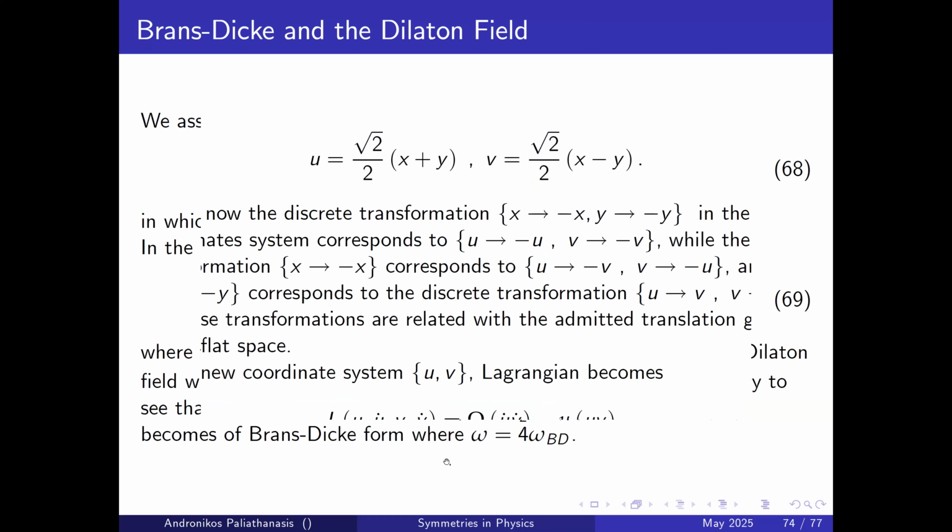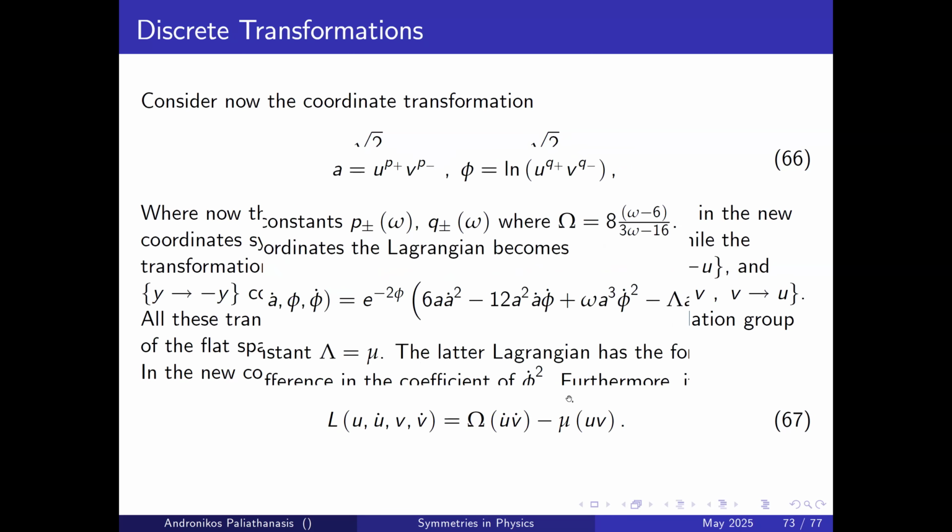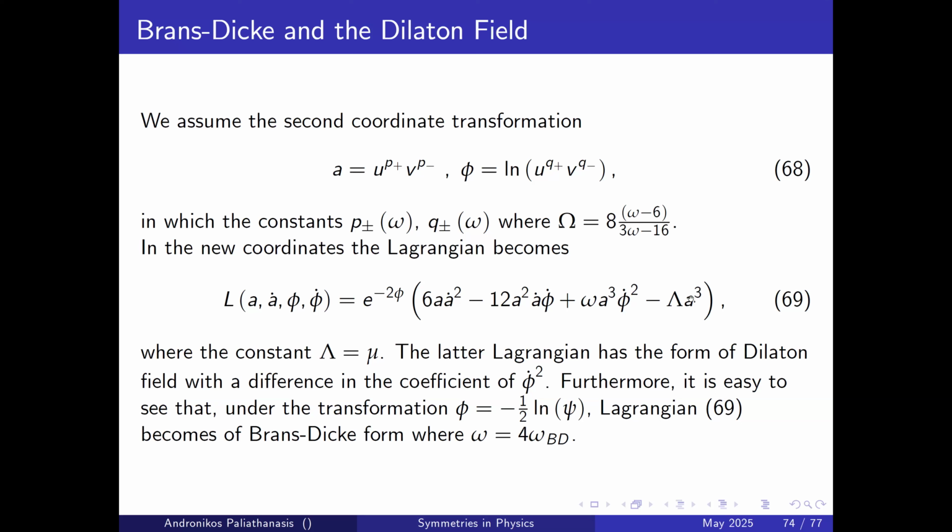In the new coordinates, the Lagrangian 67 takes this form. And this is nothing else than the Lagrangian of the Brans-Dicke scalar field for this potential. The latter Lagrangian has the form of the dilaton field with a difference in the coefficient of phi dot. Furthermore, it's easy to see that under a transformation of phi, the Lagrangian 69 becomes the Brans-Dicke Lagrangian explicitly, as we had it before.